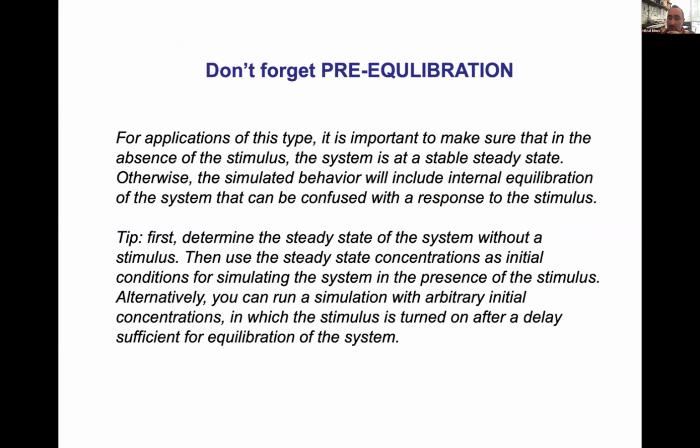Pre-equilibration: when you build a model, you may tend to just start from numbers given in a database and papers. But sometimes before you add stimuli, you need to run simulations so all species have the same value, the steady state values.